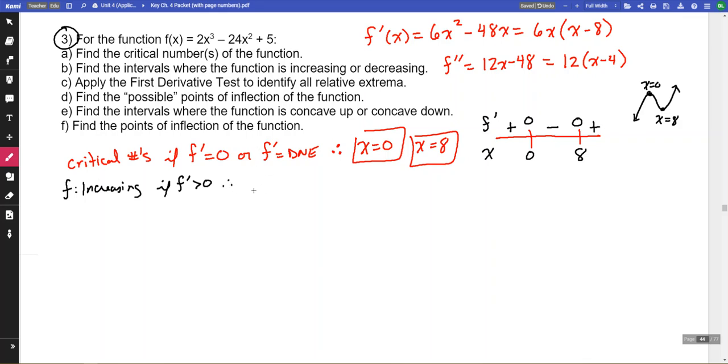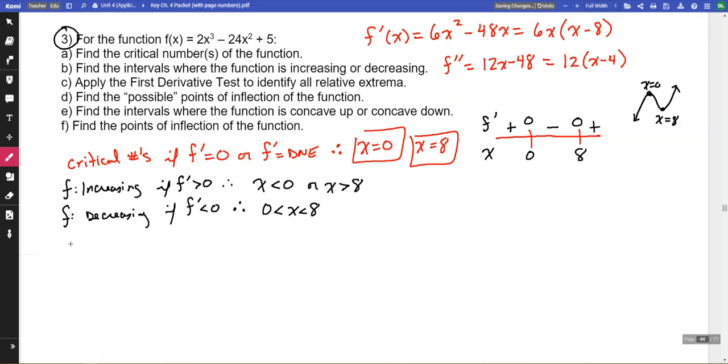So that's going to be if x is less than 0 or x is greater than 8. And we know that f is decreasing if f prime is less than 0. So therefore, if x is between 0 and 8.